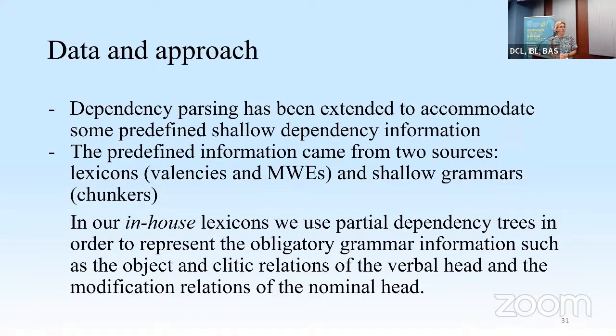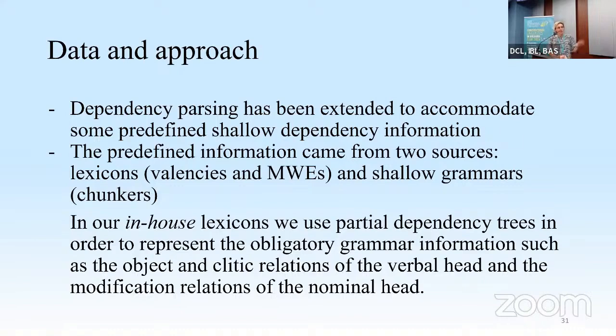Okay, so dependency parsing has been extended to accommodate some predefined shallow dependency information. That is the new part that we import into the model. The predefined information came from two sources: lexicons, valencies and multi-word expressions, but this is really a very modest one because we concentrated on the fixed multi-word expressions, not on the really heavy ones.